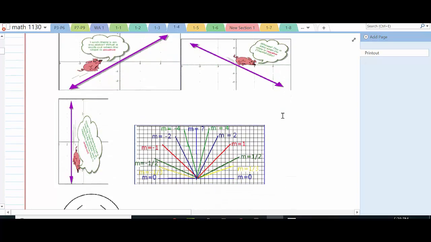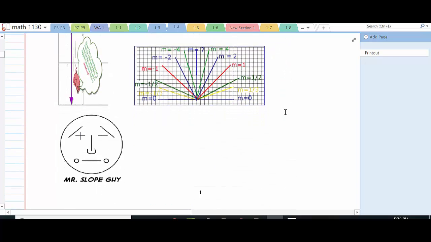Now, sometimes I go looking on the internet, and I find stuff that I'm not clever enough to find. This is probably some high school teacher who made this up, but I think it's kind of cool. If you have a line going up, that's a positive slope. If you have a line going down, that's a negative slope. If it's vertical, that's the guy's nose. What's that U?